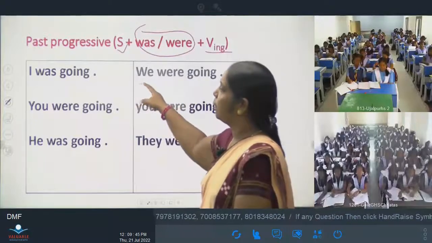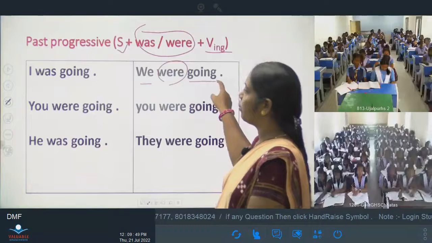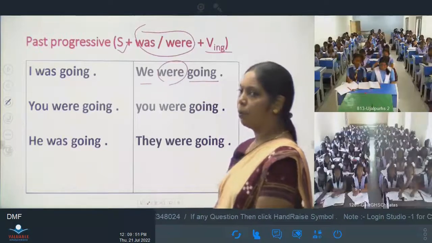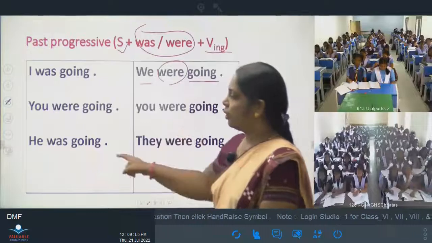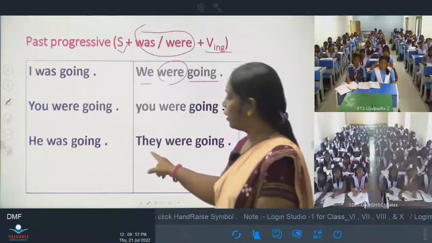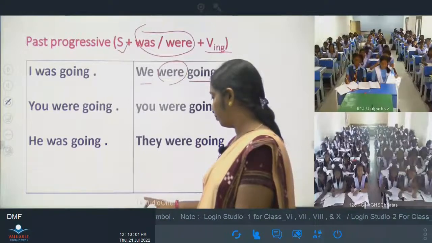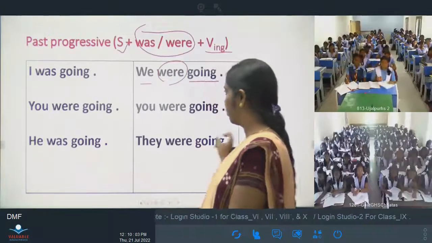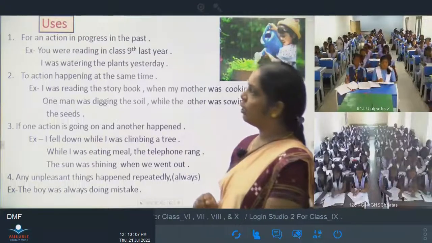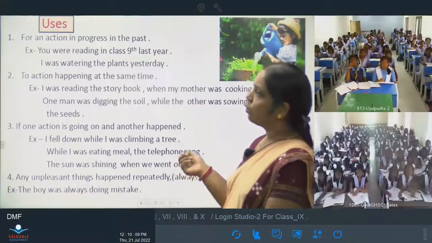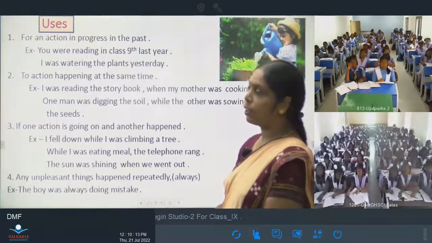Here subject, was or were, and go verb with its ing. You were going, he was going, they were going. Now students, let us see how we use past progressive.